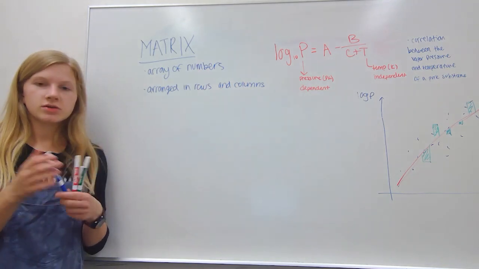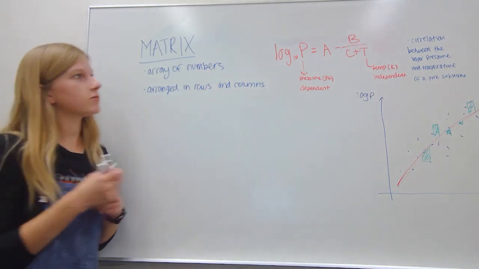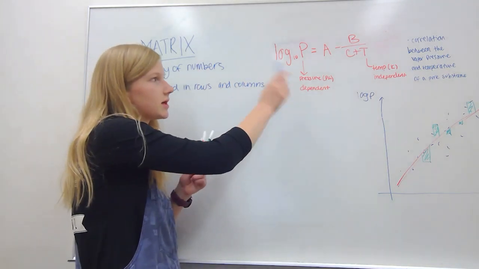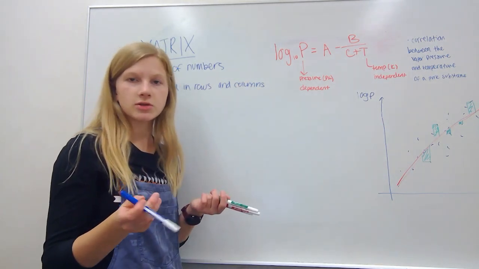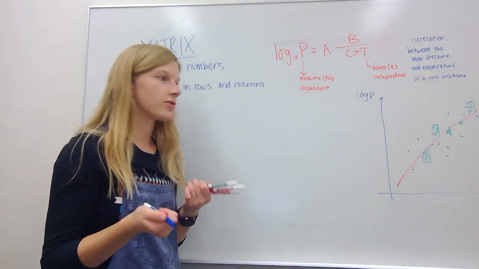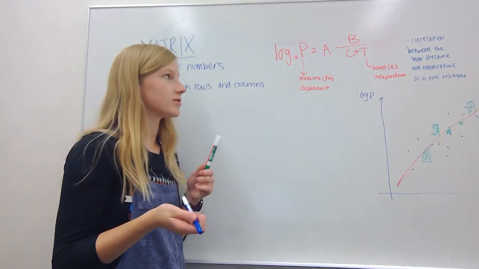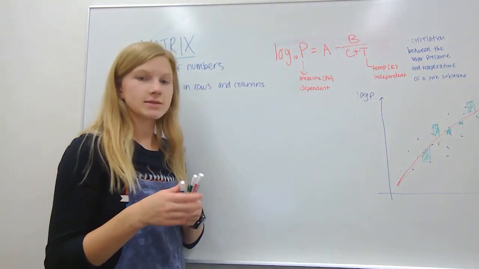So what we're going to do is transform this into a linear format so that we can make a matrix for it and do matrix multiplication in our Python code. That way we can get specific values for A, B, and C.